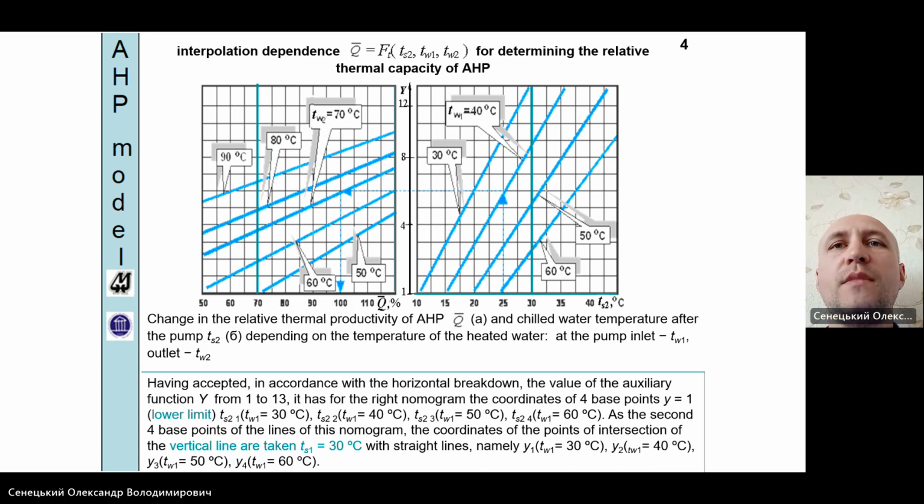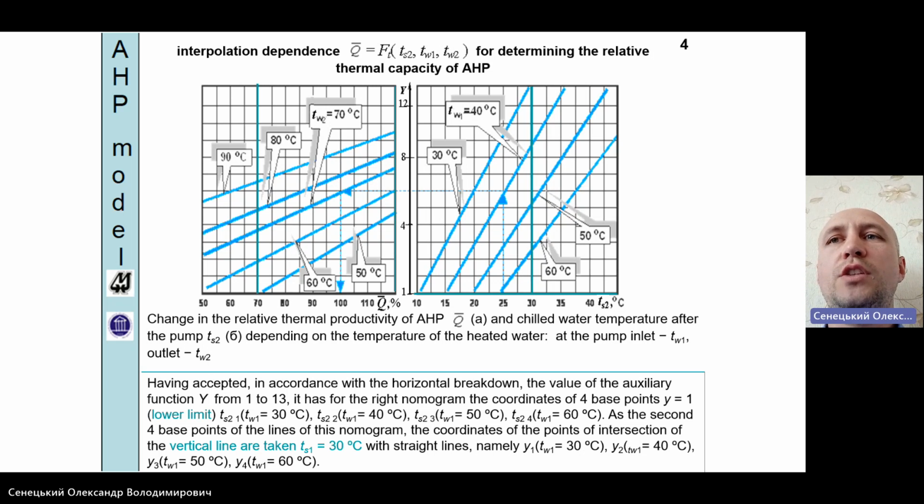Interpolation dependence is also presented for determining the relative thermal power of AHP, which depends on the temperature of the chilled water after the pump and the temperature of the water that is heated, inlet and outlet. The dependencies on the nomogram are linear.